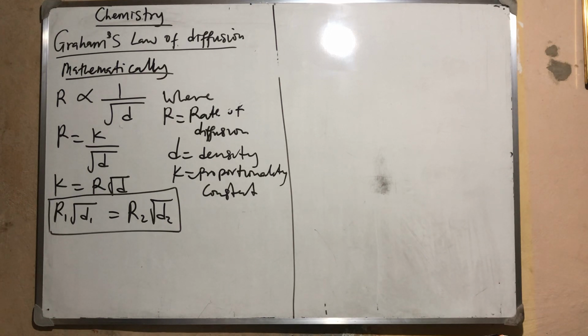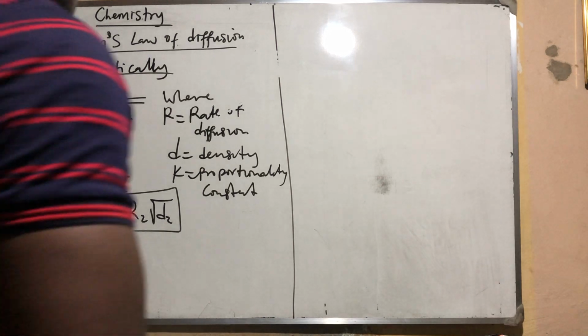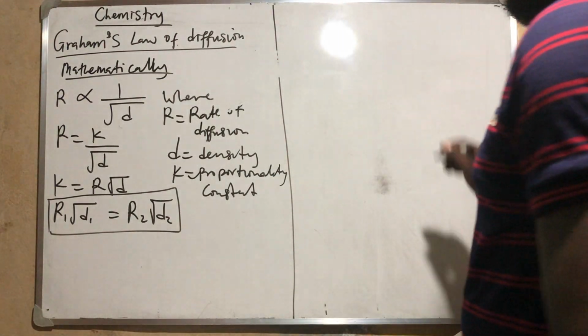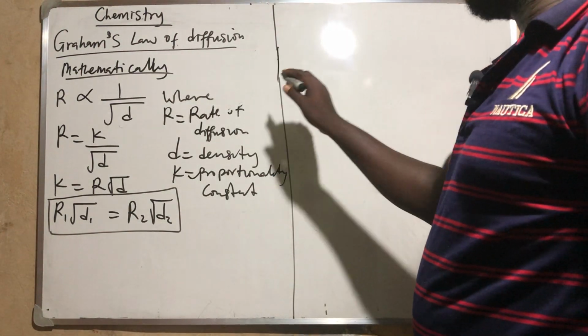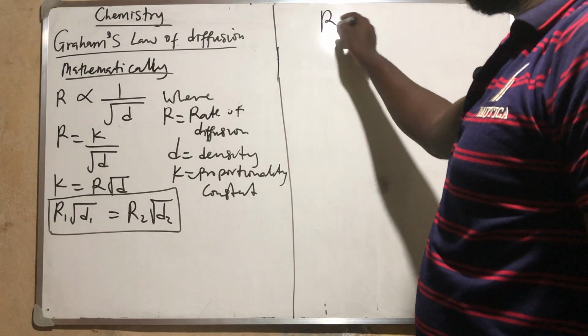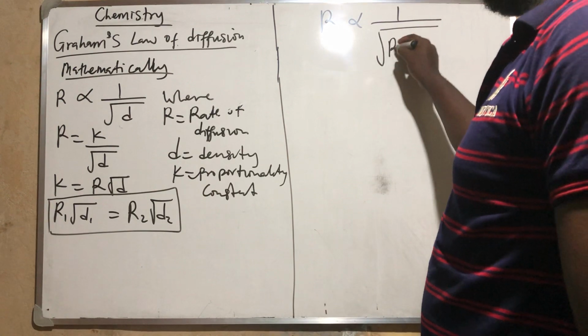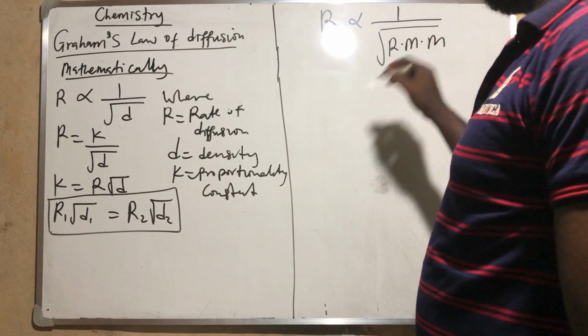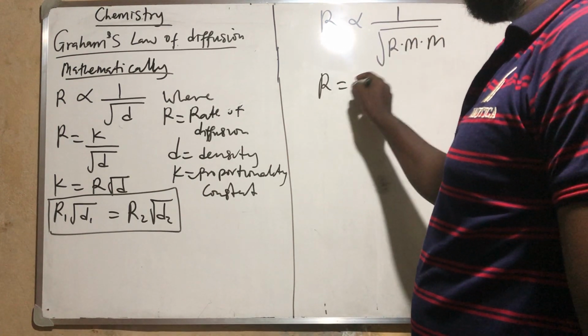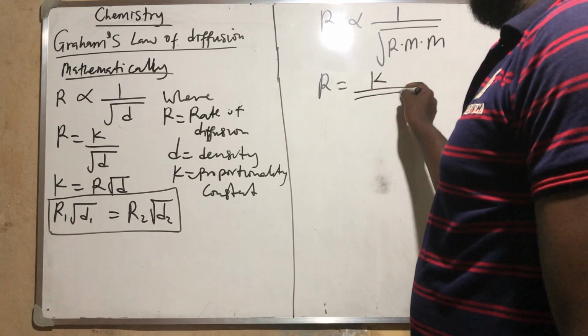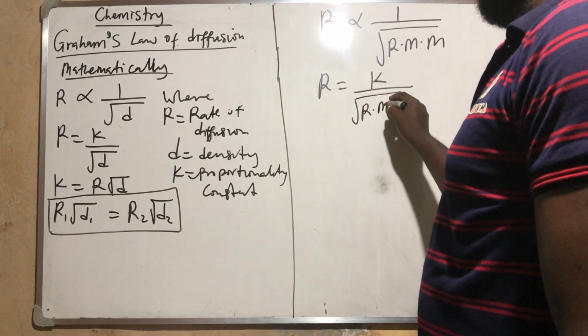Please, that one is another important one, very, very important. So you have that the rate is inversely proportional to the square root of the relative molecular mass. Therefore rate is equal to K over the square root of the relative molecular mass.